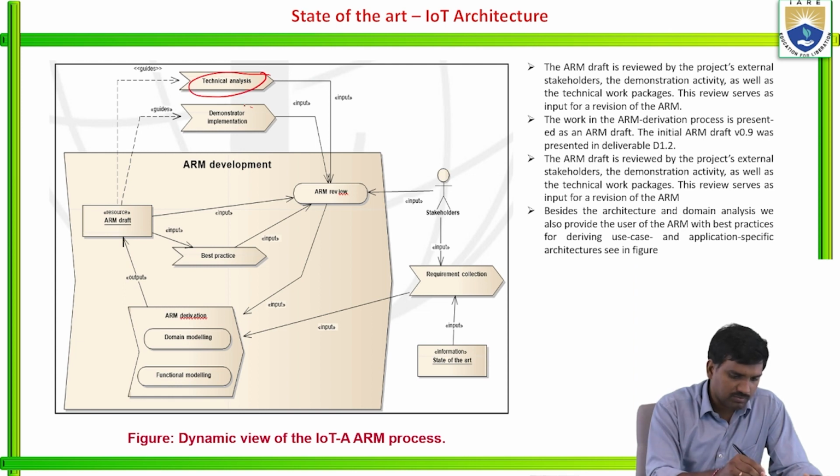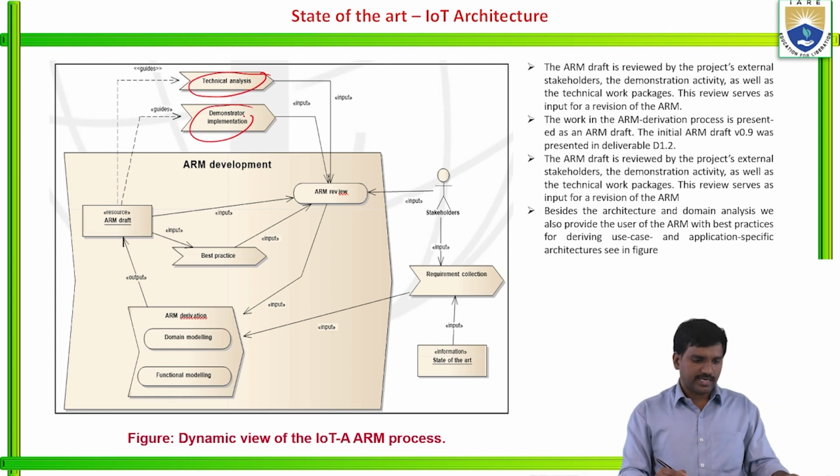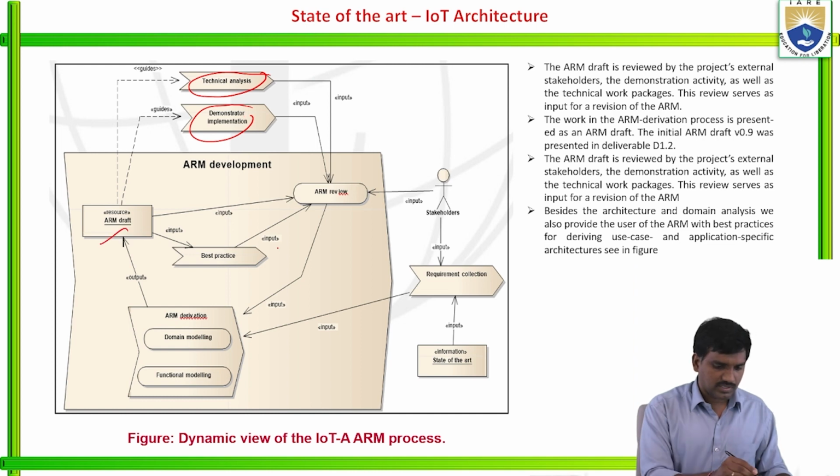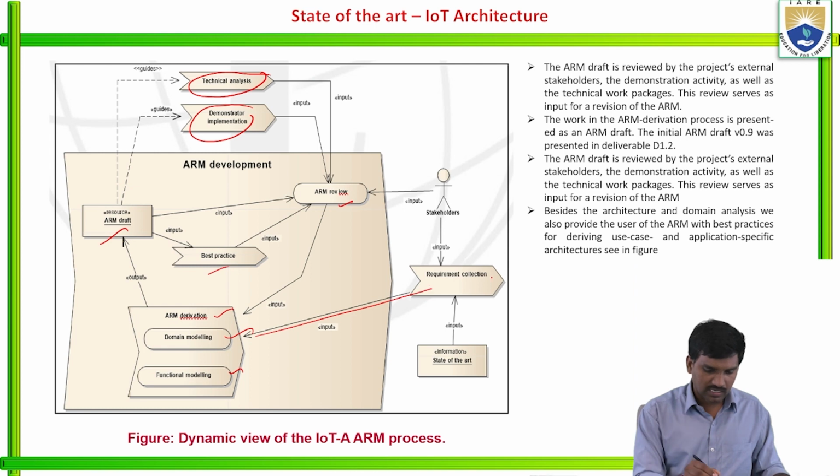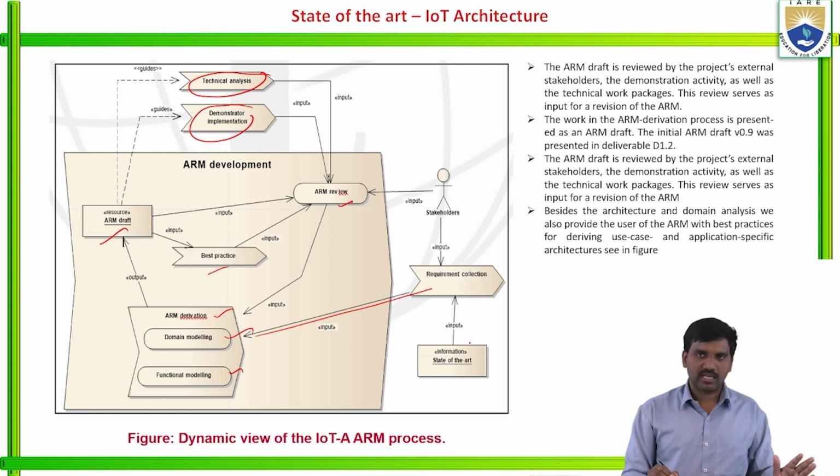Technical analysis, demonstrated implementation. Next, ARM draft, ARM review. Between these we have best practices. So here ARM derivation, domain modeling and function modeling, with requirement collection and state-of-the-art information. So this is the overall dynamic view of the IoT architecture reference model process.